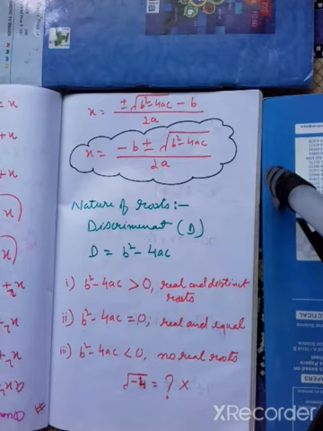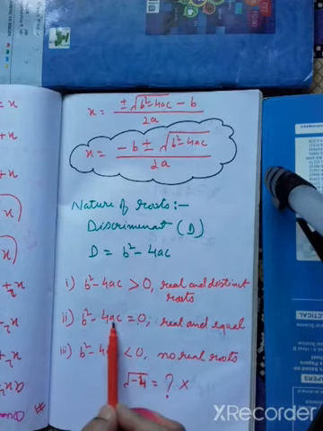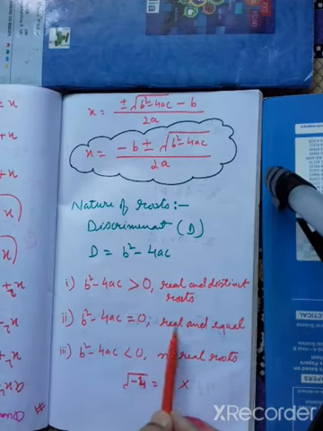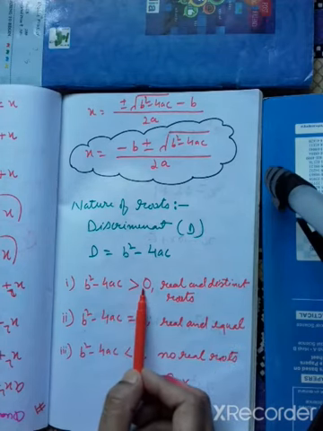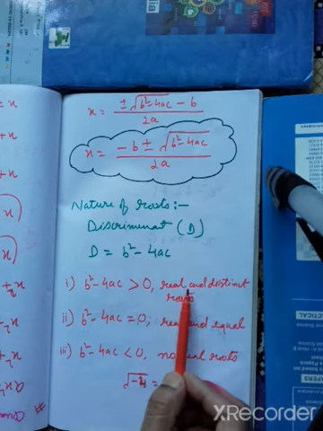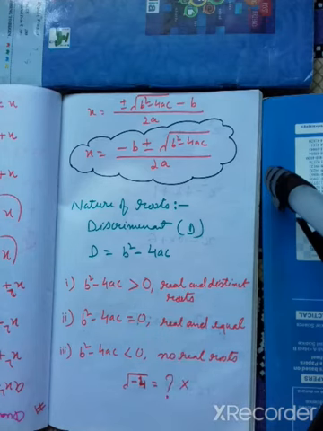We will study it in higher classes. So if b square minus 4ac is less than 0, then we have no real roots. There is no need to solve. If b square minus 4ac equals 0, roots will be real and equal. And if b square minus 4ac is greater than 0, there will be real and distinct roots.